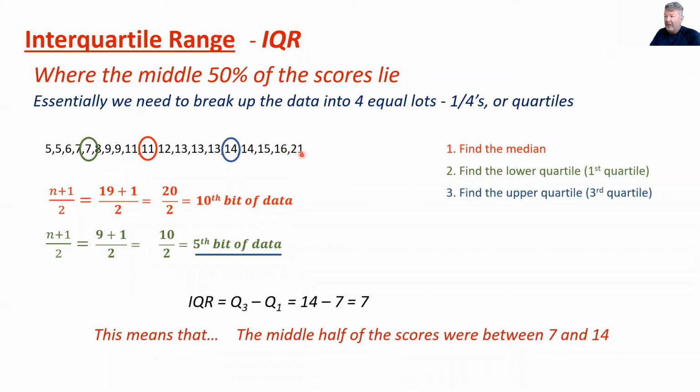So if we had a value up here of 60, data that's a long way away from here, and we just use the range and say 60 minus 5 is 55, which is huge. But when you've got all the data down here and one outlier up here, it's called an outlier, you might have heard of it before, this 60 up here doesn't really represent the data, does it?